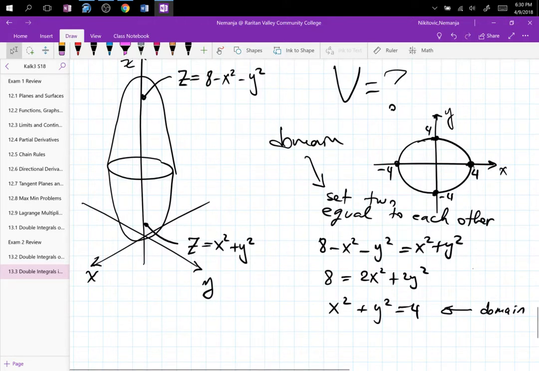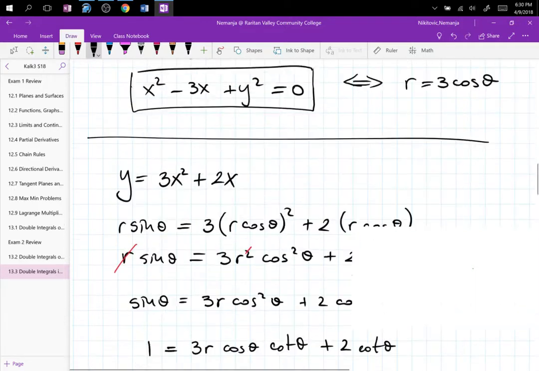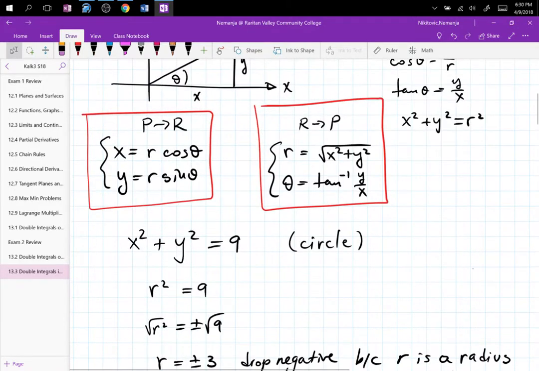So what is the top function transferred into polar? It is 8 minus r squared. You can factor out the minus sign in front of x squared and y squared. When you factor out the minus sign, it becomes x squared plus y squared, and we know that's r squared. We know that from conversion. If you don't know that from conversion, learn it quickly, okay?